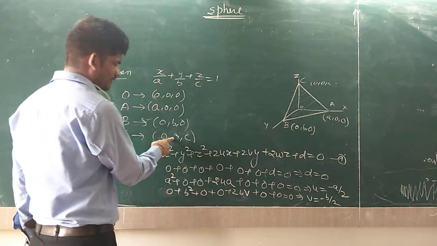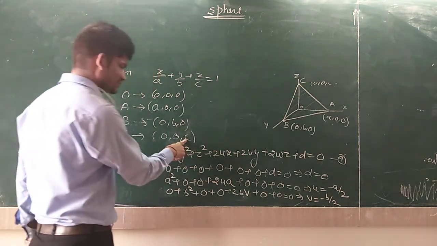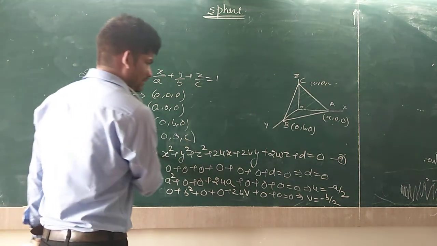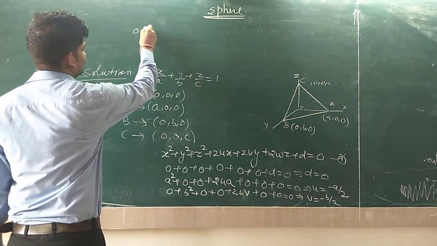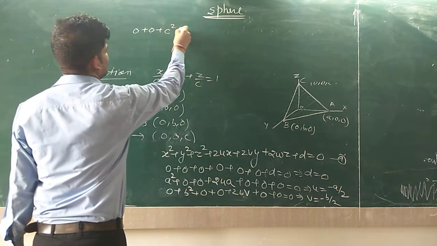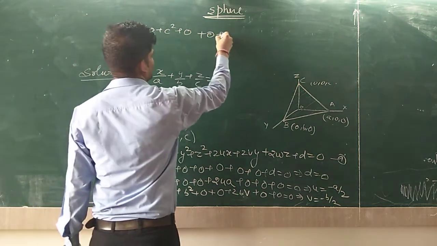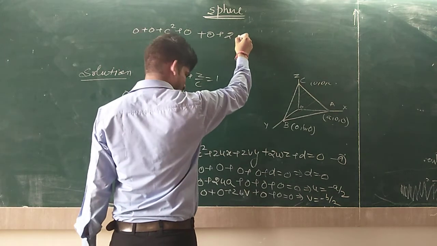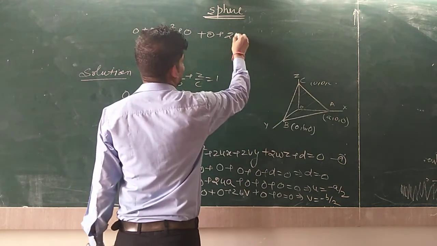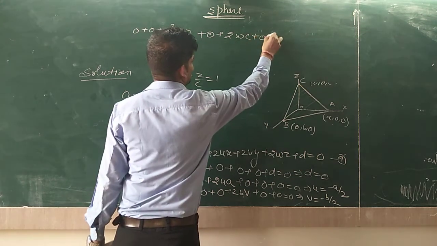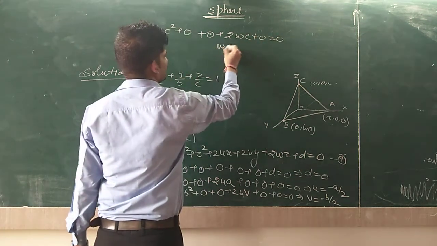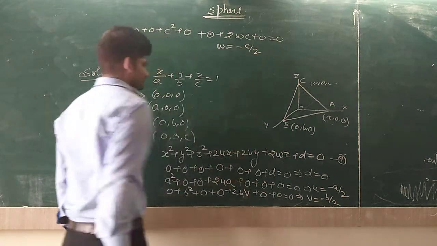The x coordinate is 0, the y coordinate is 0 and the z coordinate is c. Then putting in equation 1 and finding the value of w, we get 0, 0, c square, 0, 0, 2wc and d equal to 0, and w equal to minus c by 2.